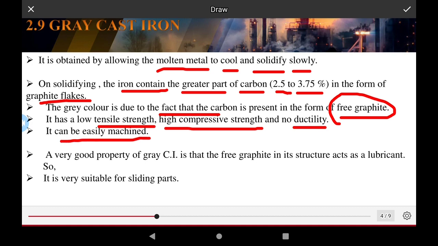A very good property of grey cast iron is that the free graphite in its structure acts as a lubricant, so it is very suitable for sliding parts.